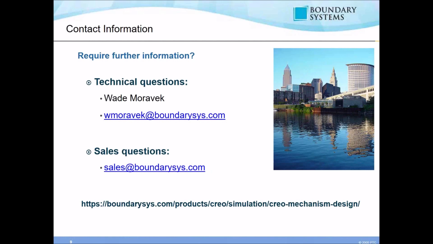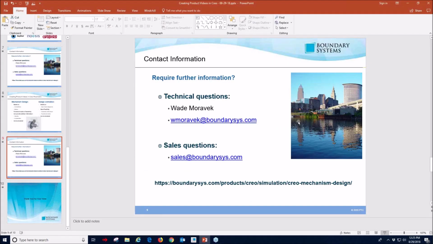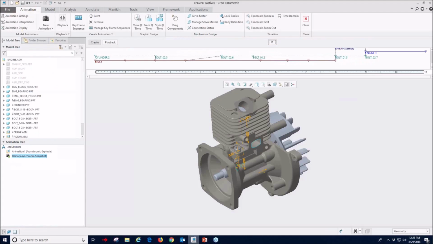So let's see. Can a movie be made with the assembly in a cross section? Yes, I believe if you have applied a cross section, you can set up the movie in that way, and it's going to capture it with that. So let me go confirm that real quick.